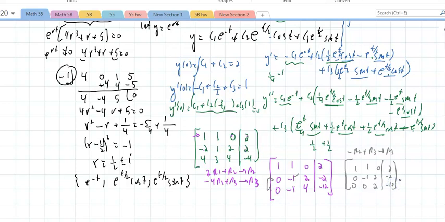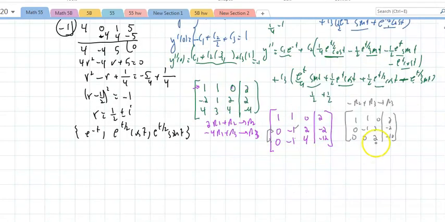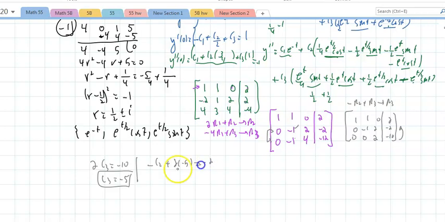So from here, let me just make more space. Now I know that 2 c sub 3 equals negative 10, c sub 3 equals a negative 5. Backward substitution. I know that negative c sub 2 plus 2 times negative 5 equals a negative 2. So negative c sub 2 equals 8, c sub 2 equals a negative 8.